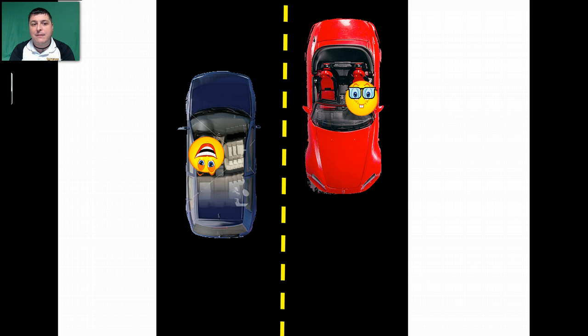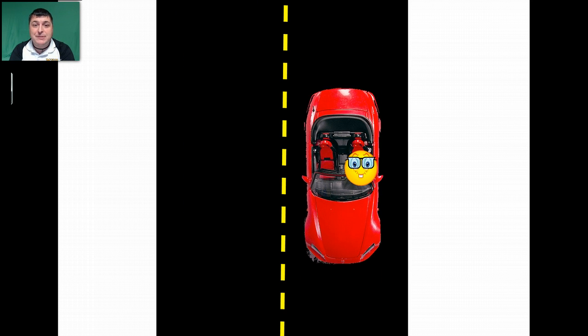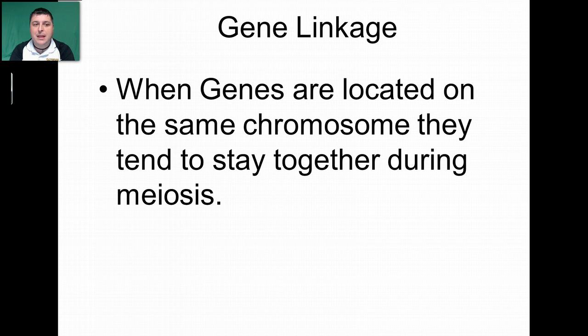It's kind of like if two people are in 2 different automobiles. Because they're in different automobiles, they can go in opposite directions. They can go independently of one another. But if genes are located on the same chromosome, they tend to stay together during meiosis.